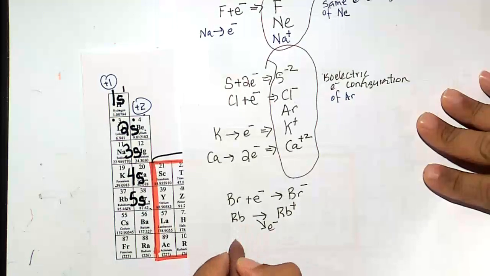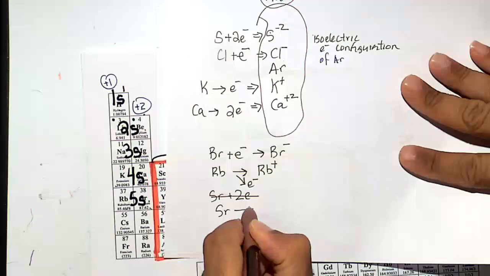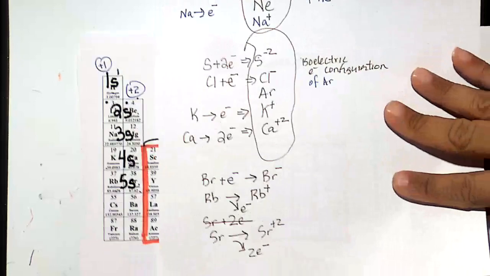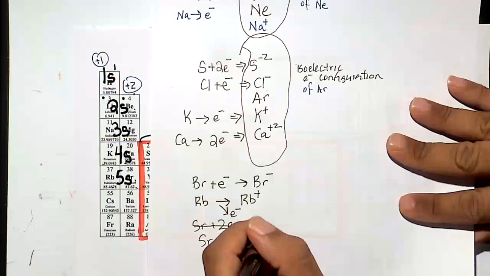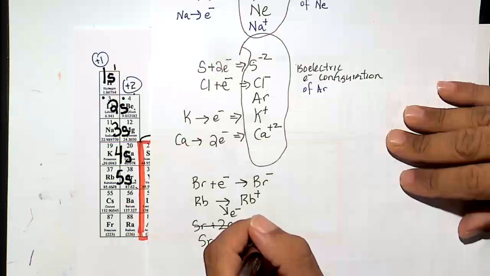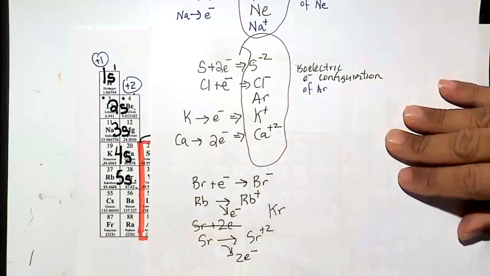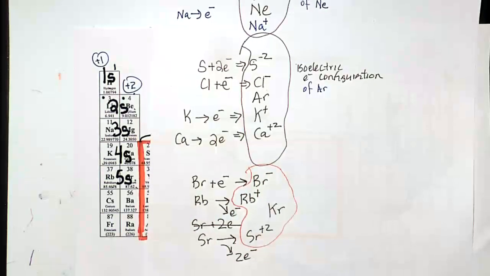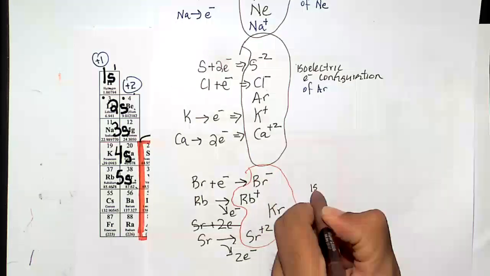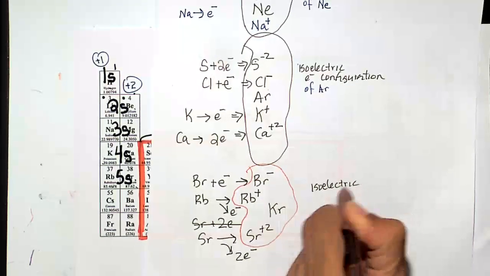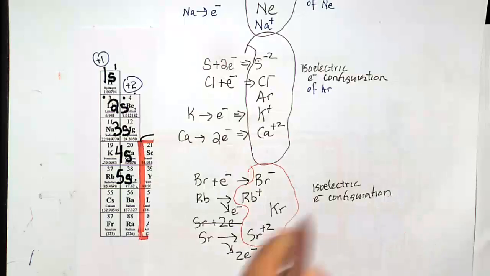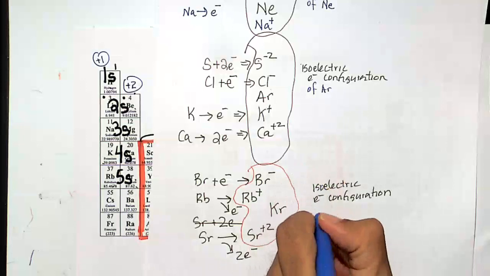Here I'm having strontium, Sr, lose 2 electrons to become Sr plus 2. It will become like krypton. So all of these are isoelectronic with krypton. Isoelectronic means same electron configuration. And this one would be krypton.